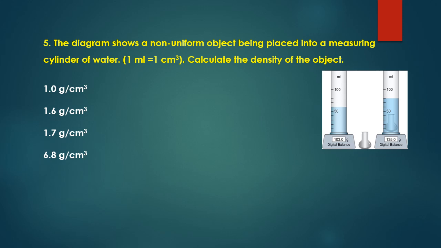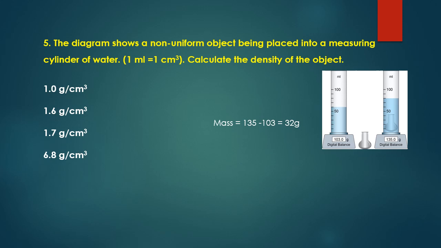If you look at the first part of the diagram, without the object in water, it tells you that the mass is 103. Then with the object in the water, the mass has increased to 135. So from that, you can easily calculate the mass.